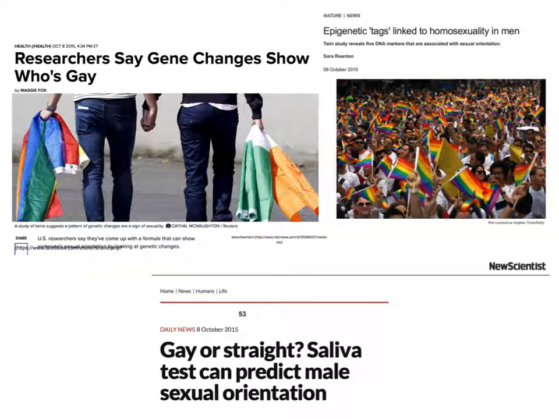So it's kind of inherent now in media that you want to generate click-throughs, so you write clickbait-like ads. One weird new trick to figure out whether or not you're straight or gay. So you come up with headlines like, saliva test can predict male sexual orientation. It's not as simple as that, but that's how the headlines are written. They're written simply. Researchers say gene changes show who's gay.